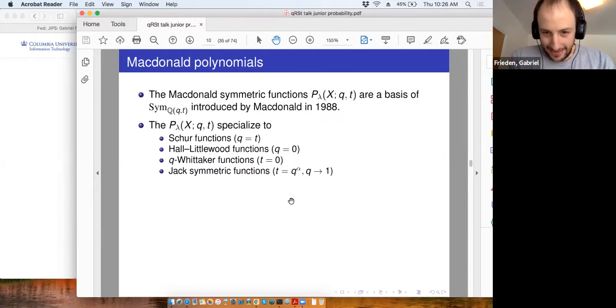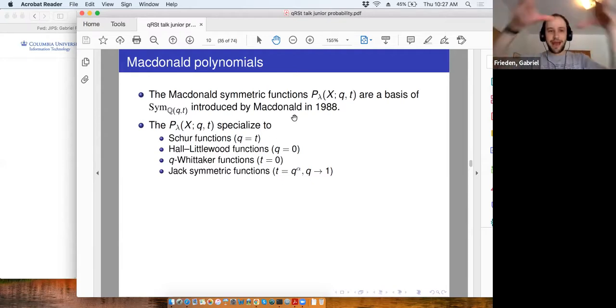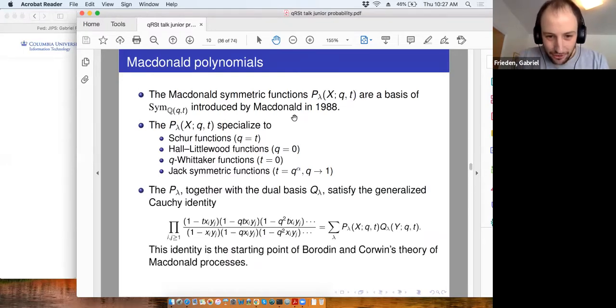The fact that all of these different families of symmetric functions could be united as common specializations or degenerations of one master family of symmetric functions is what's nice about the Macdonald polynomials. The P lambda are defined by specifying a certain inner product, and the dual basis with respect to that inner product is denoted Q lambda, and together these two families of symmetric functions satisfy this generalization of the Cauchy identity.